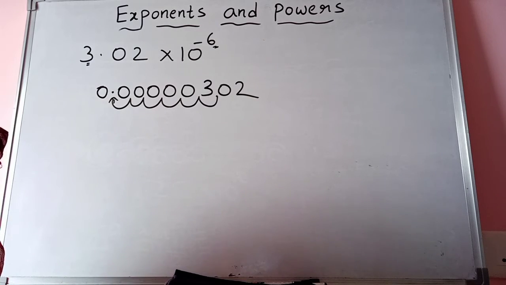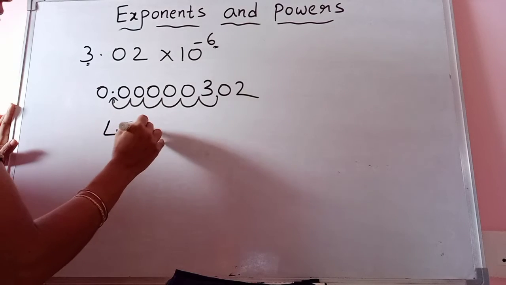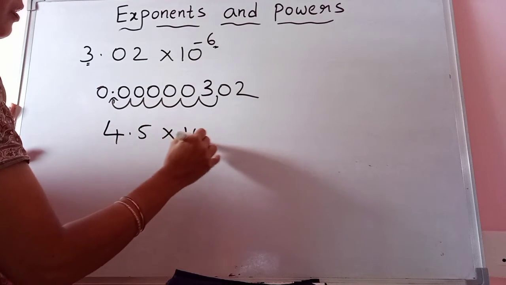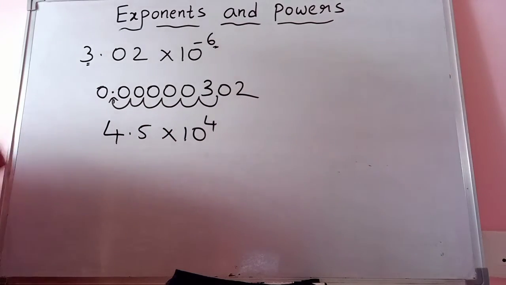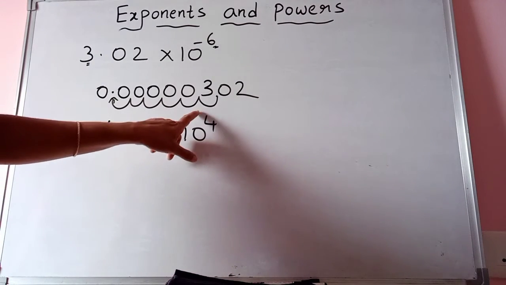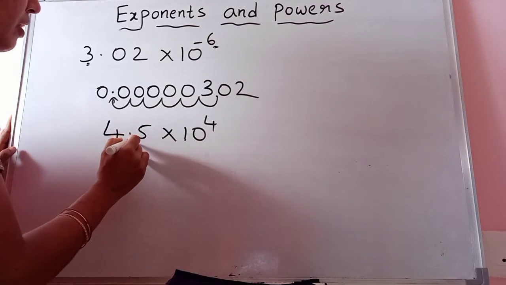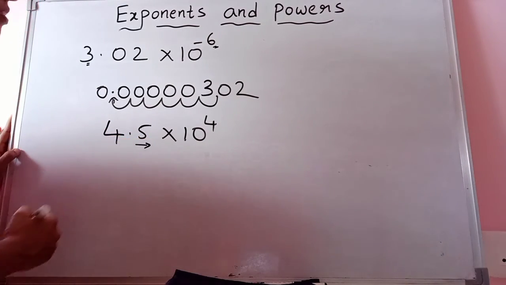One more example I'll tell. Now here 4.5 into 10 raised to the power of 4, positive exponent. It is a large number. That is, the point we are shifting towards the right side.